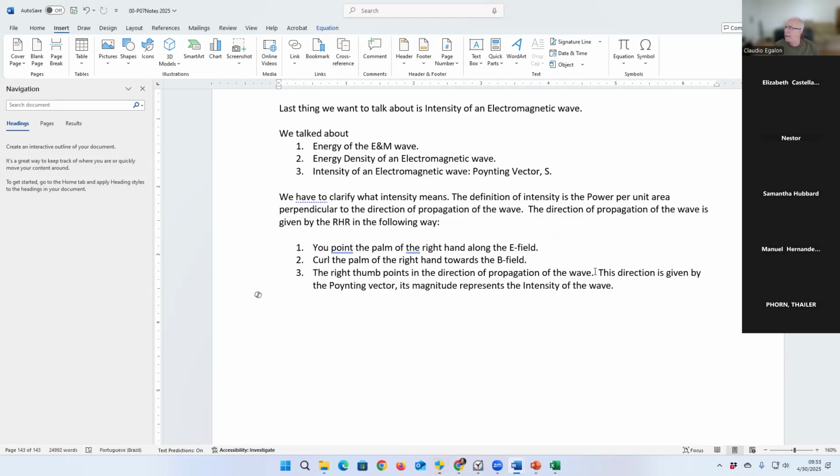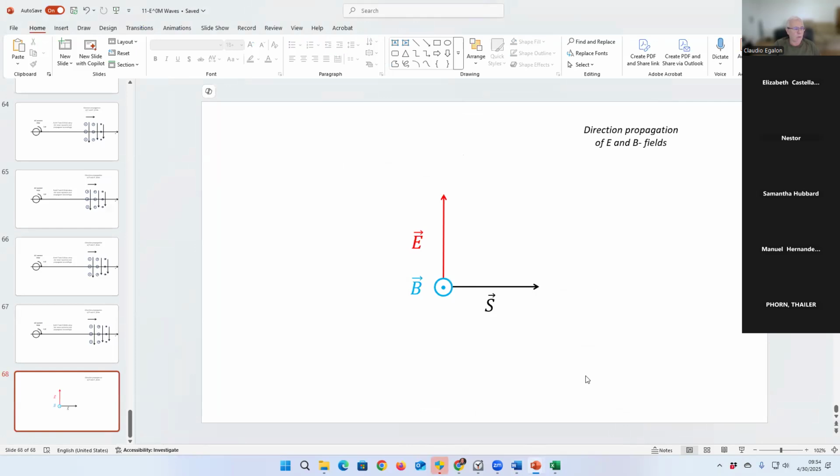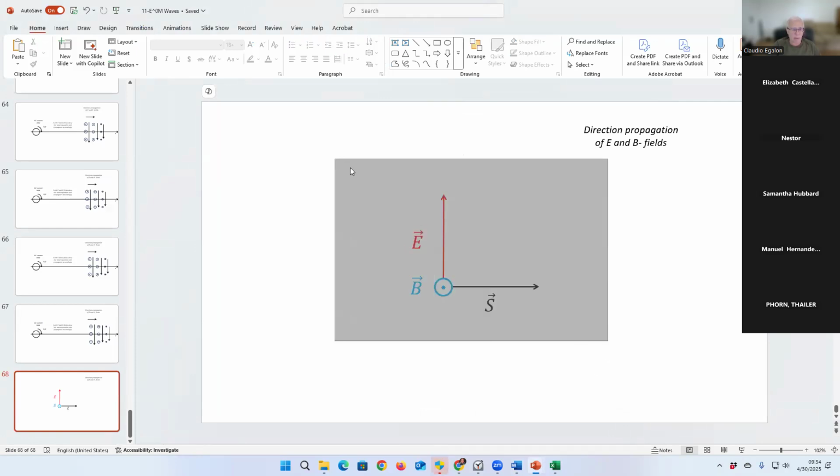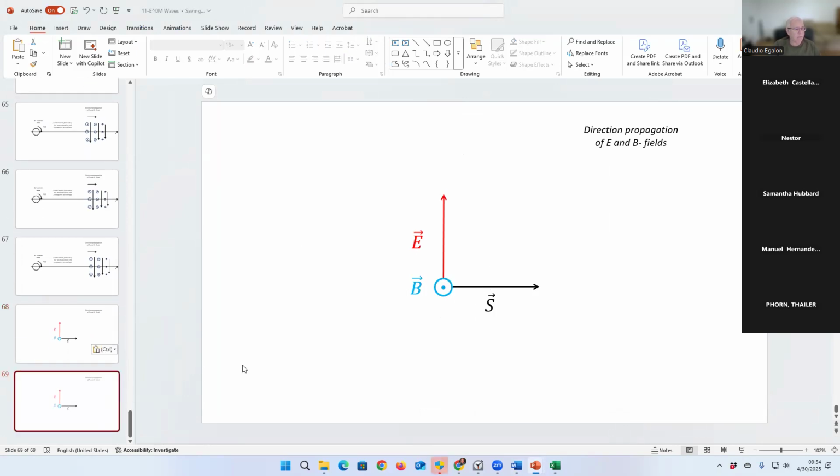Okay, Justus is trying to come in. Can you remember that? Okay, so right in here, right? If I were to come up with a different Poynting vector, let's come up with a different electromagnetic wave, right?